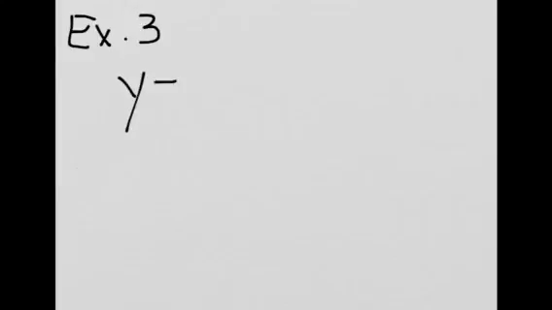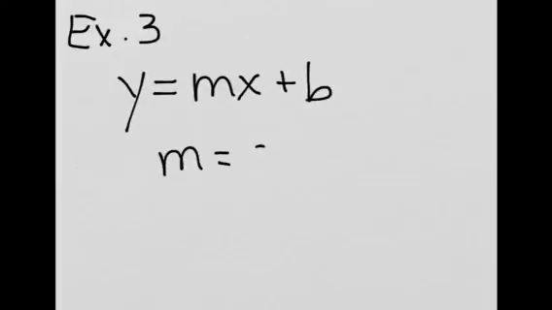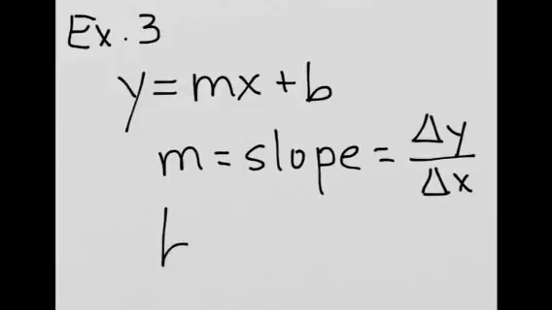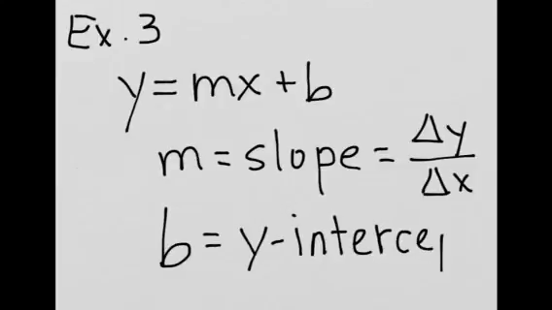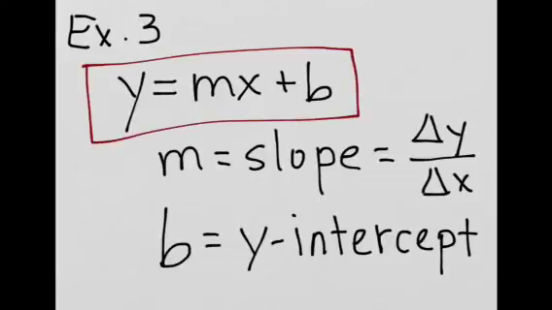That is y equals mx plus b, where m is the slope of the line, or the change in y over the change in x, and b is the y-intercept, or the place where the graph crosses the y-axis. So this is the formula for a straight line. And the first graph in example 3 is a straight line. The second one, however, is a parabola.